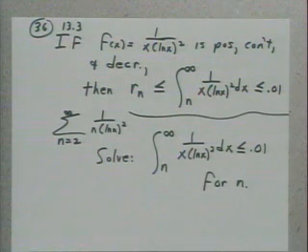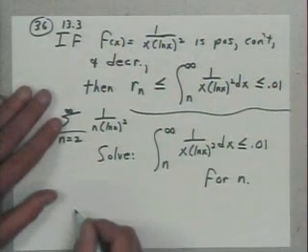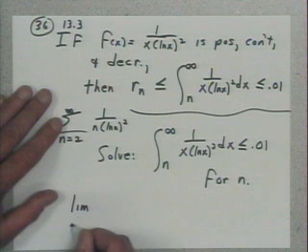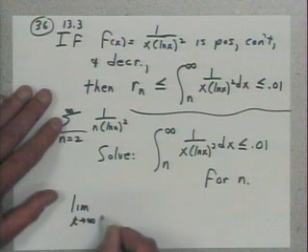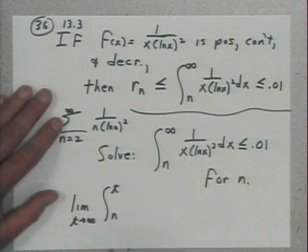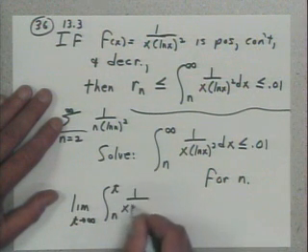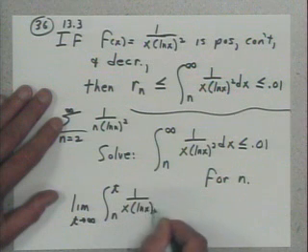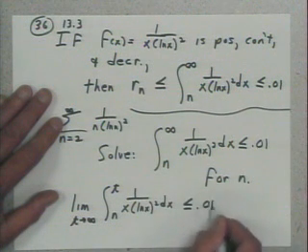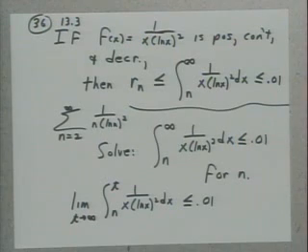Okay, but the problem is it's an improper integral. So that means I have to solve the limit as t approaches infinity of the integral from n to t of 1 over x times the natural log of x, the quantity squared, dx, less than or equal to 0.01. I have to solve that.